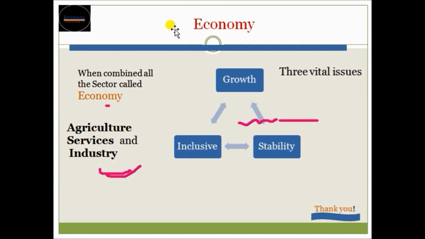We will now discuss the economy. When all the sectors are combined, it is called the economy. Which sectors? The agriculture sector, the services and the industry. These are the primary, secondary and tertiary sectors, and all sectors combined are called the economy.